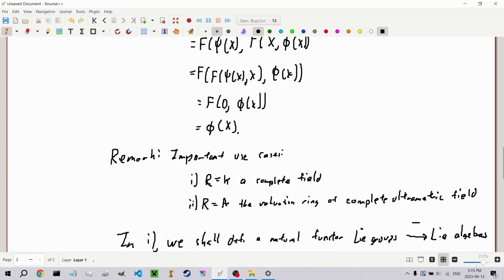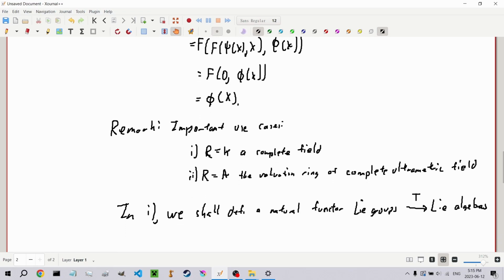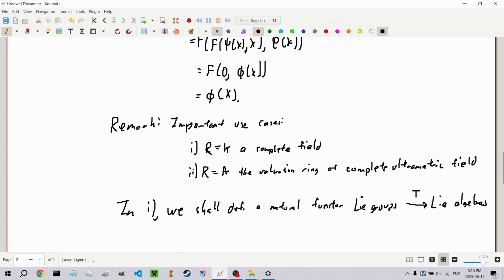This is very important, as you can imagine. And we will, of course, want a functor S going in the opposite direction such that T of S is identity.